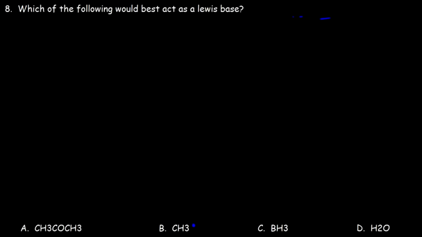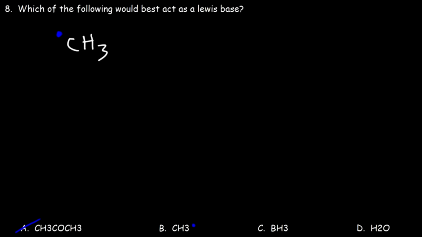Now what about answer choice B? Is it a Lewis acid or is it a Lewis base? Or is it neither? Let's find out. So the methyl radical has an unpaired electron. Since it doesn't have a pair of electrons, it cannot act as a Lewis base. For anything to act as a Lewis base, it has to donate a pair of electrons, which means 2 electrons.